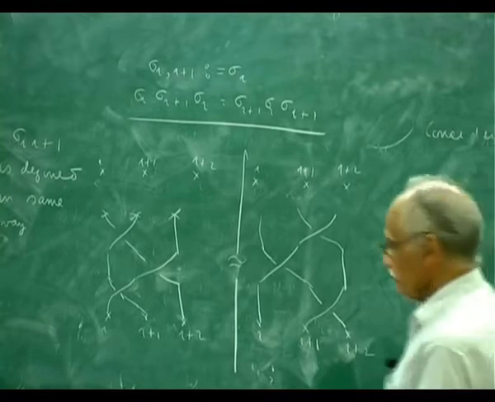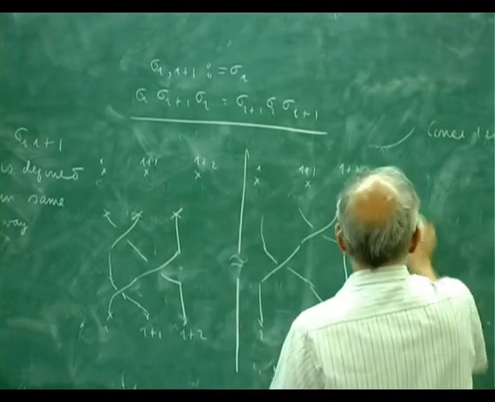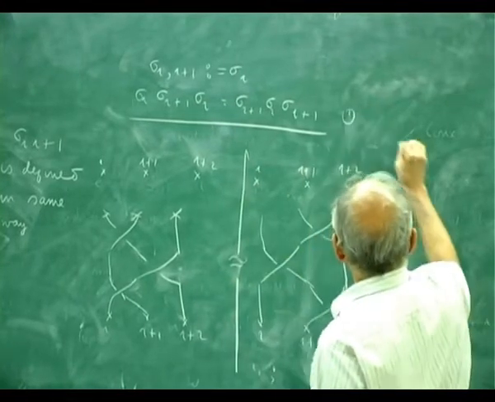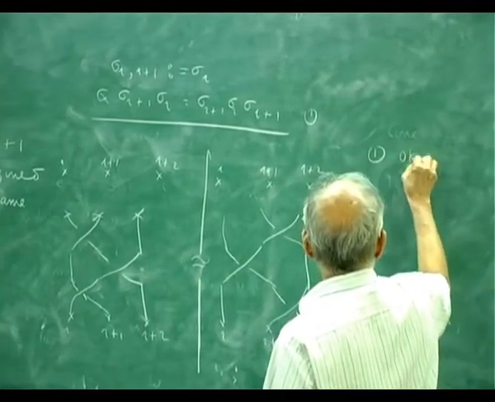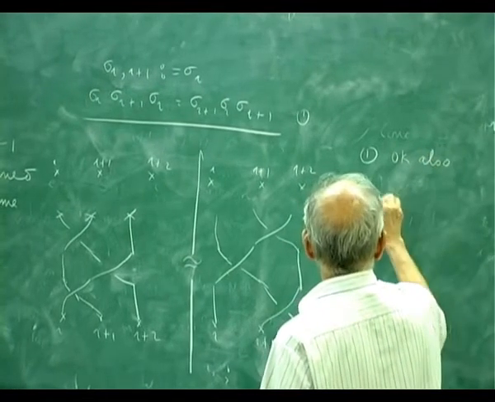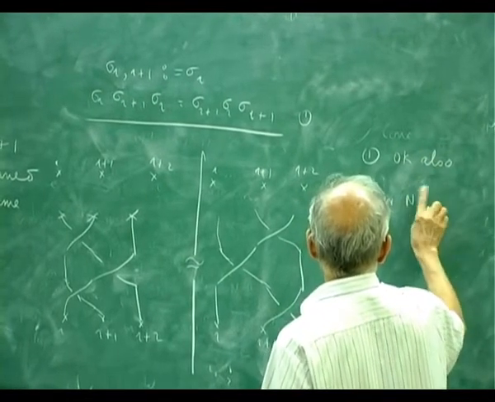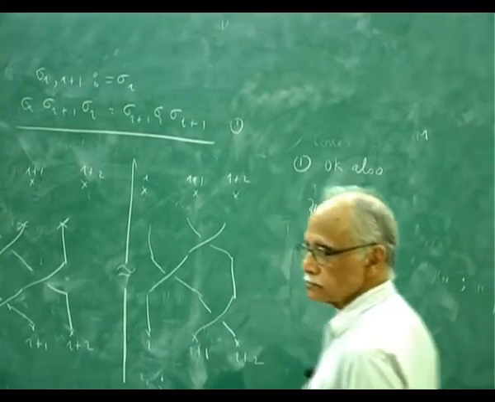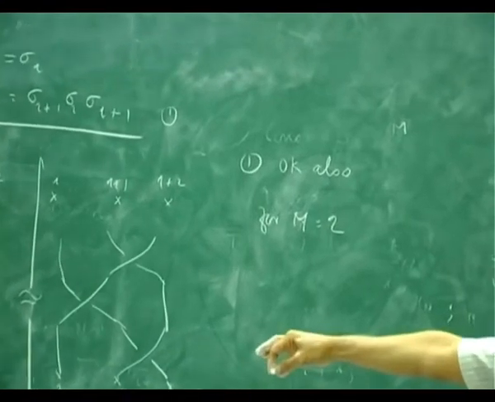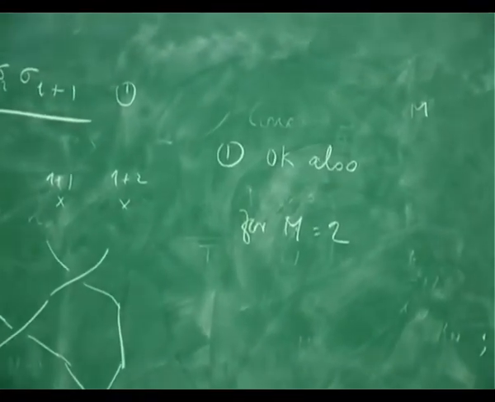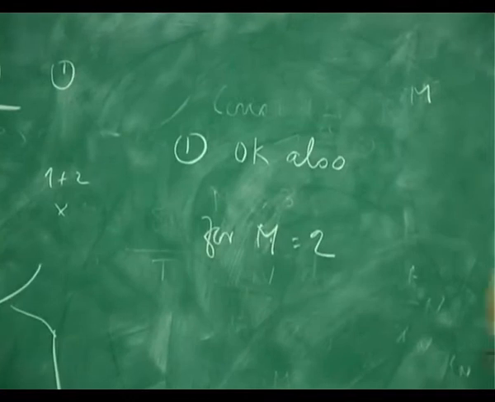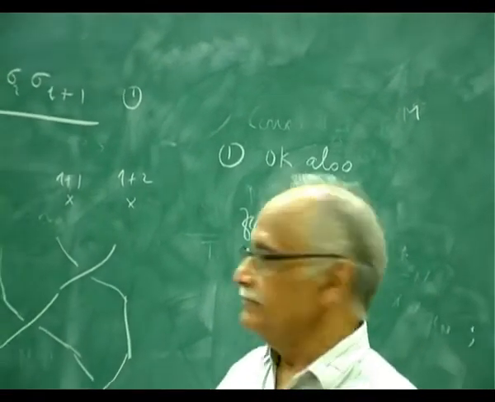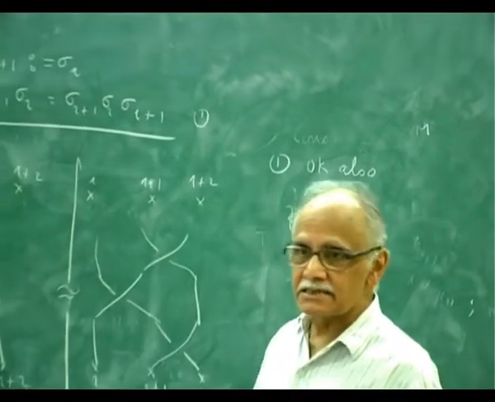Okay. Now one point to notice is this relation also holds for m equal to 2. This calculation I did, this can be planes. So you notice immediately that what I have got here, if I now join the upstairs with the downstairs, what will I get?